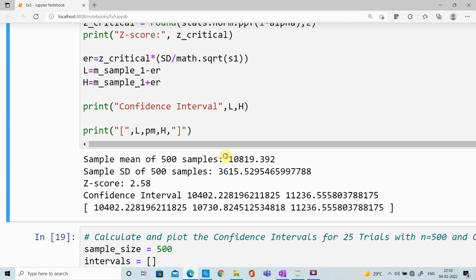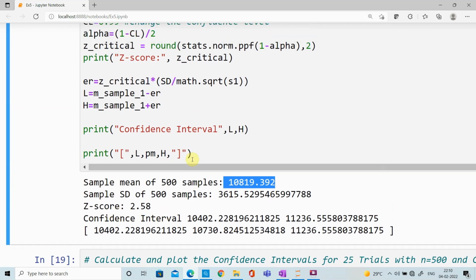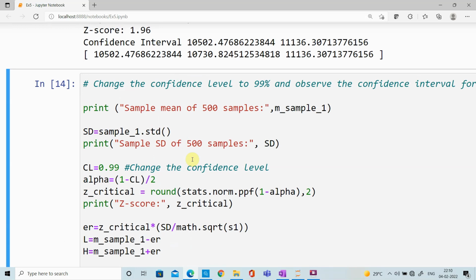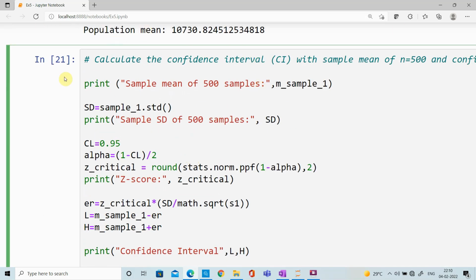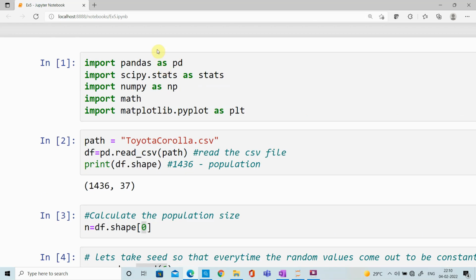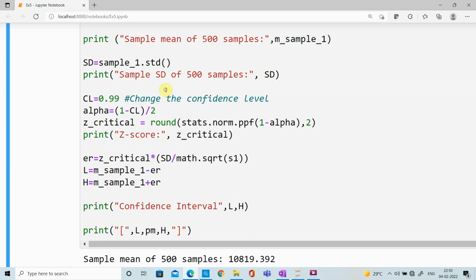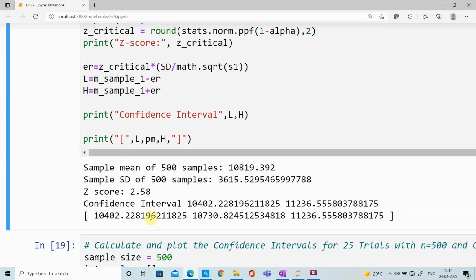Yes, our sample mean is 10819. Based on this sample mean, we have calculated the interval. I will run the program. The sample mean of 500 is 10819.